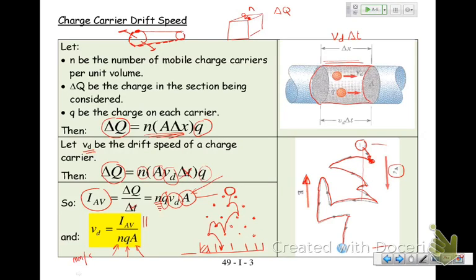So they all move together. And so all the electrons in a circuit move together. If I can move one of them, I can move all of them, because they're all in a big chain. That's why lights come on basically instantaneously. You switch, the light comes on, because there's electrons already in there waiting to be pushed. Okay.